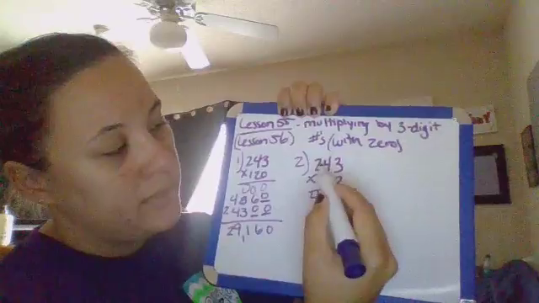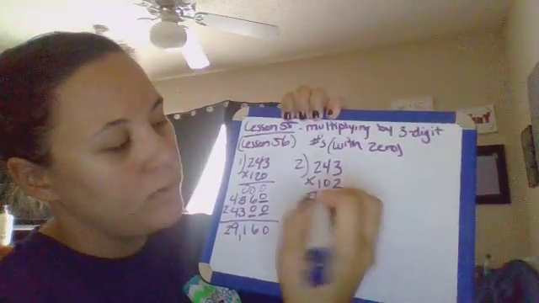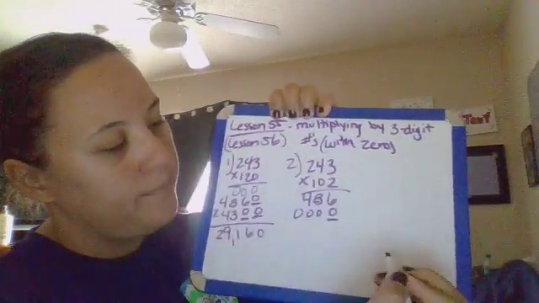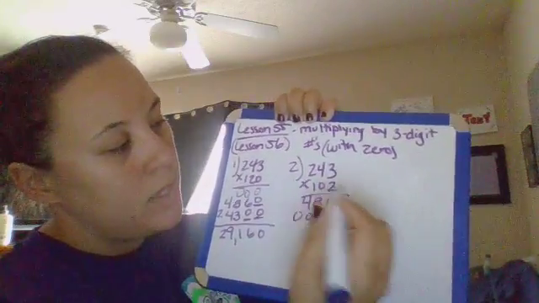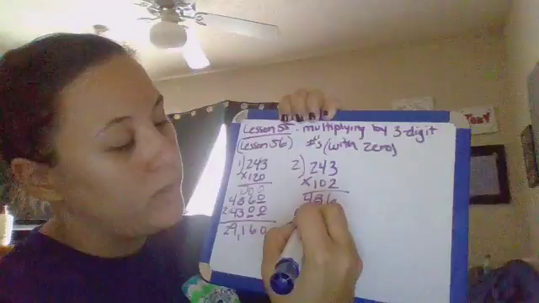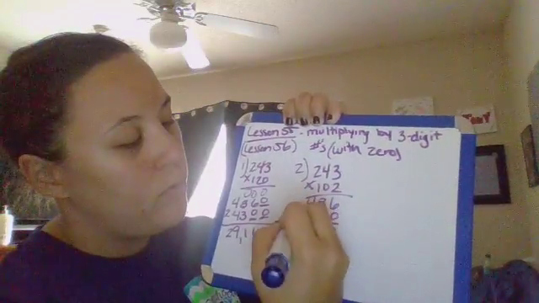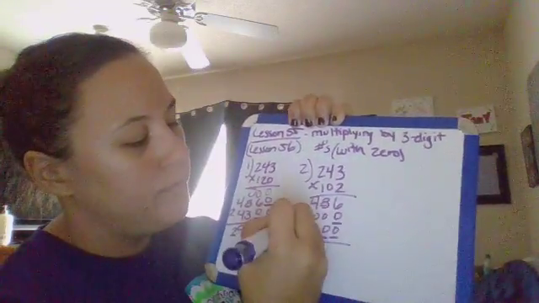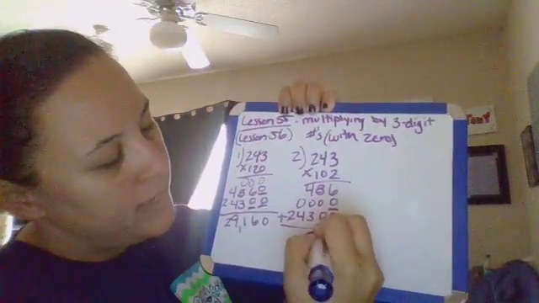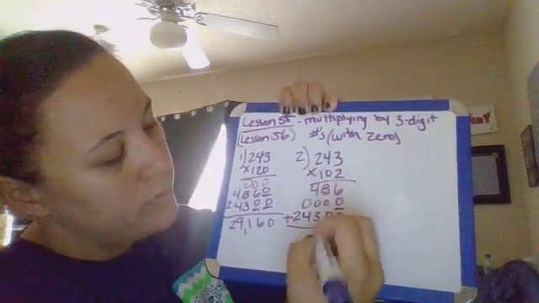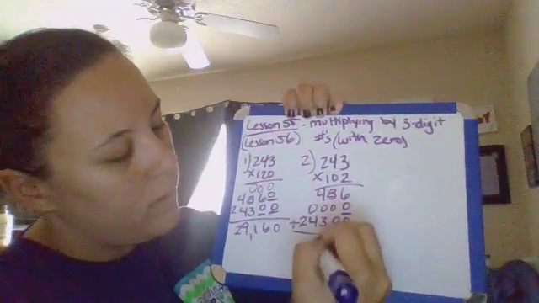And then 0 times anything is 0, so we can add 3 more zeros. And then we do everything by 1, so we need to add our 2 zeros. 1 times 3 is 3. 1 times 4 is 4. 1 times 2 is 2. And we add those up. Straight down is 6. And that one's 8. 4 plus 3 is 7. And then 4 and 2.